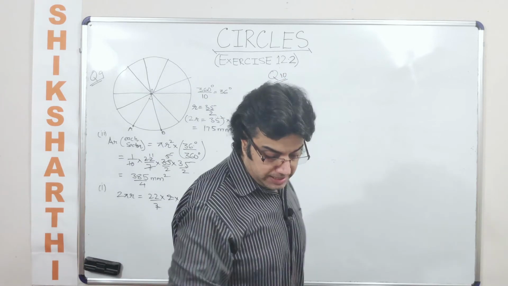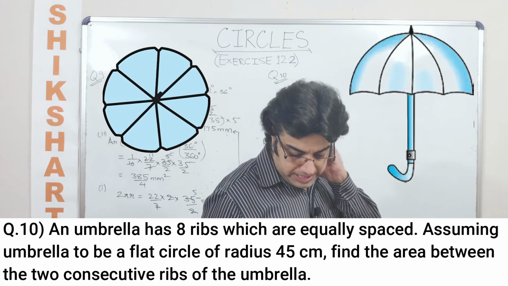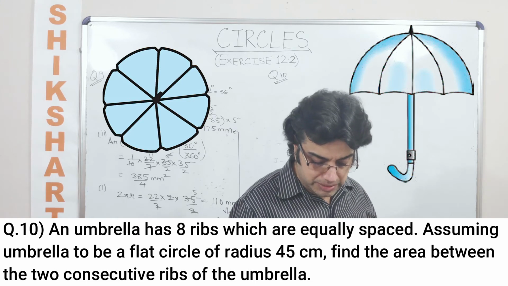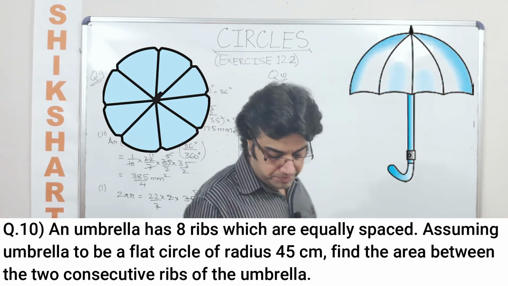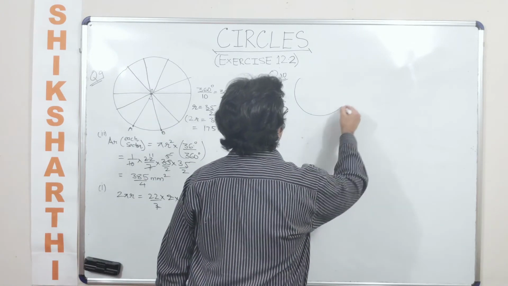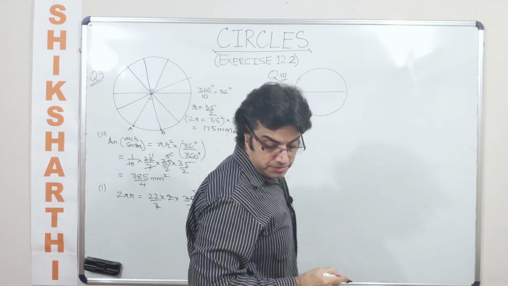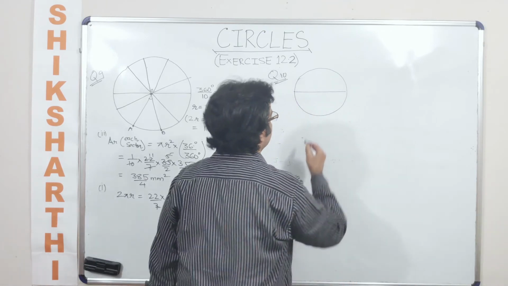Talking about question number 10. So question number 10 says an umbrella has 8 ribs, equally spaced. Assuming umbrella to be a flat circle of radius 45 cm, find the area between two consecutive ribs. So almost a similar kind of question wherein the entire circle has been divided into now 8 ribs.